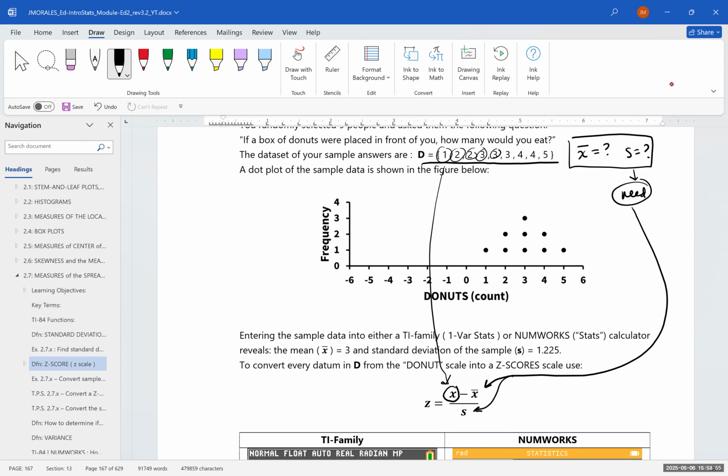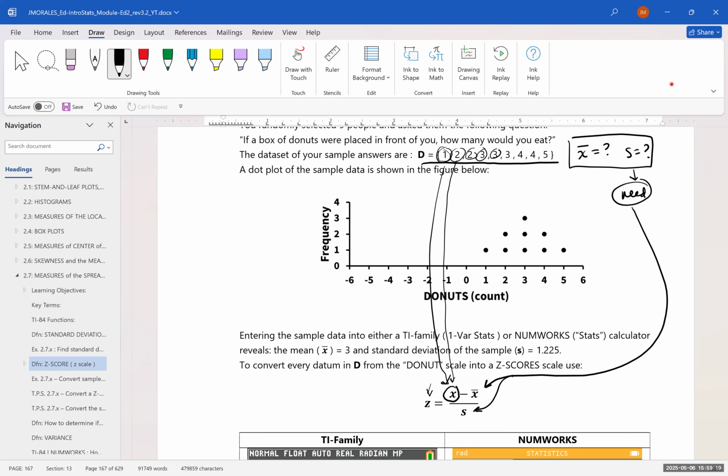Those will be our values of x. So first we'll put in x equals 1, and that'll give us a z-score for converting x equals 1 into a z-score. And then we'll put x equals 2, and we'll see what the equivalent z-score is for x being equal to 2 donuts.